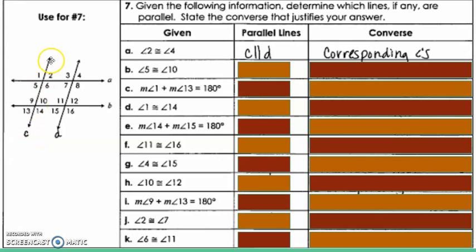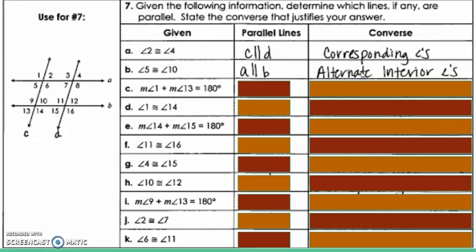In this case, C is our transversal. It's cutting through A and B to give us that angle 5 and angle 10 are congruent. So our parallel lines are A and B, and that is our alternate interior angles converse.